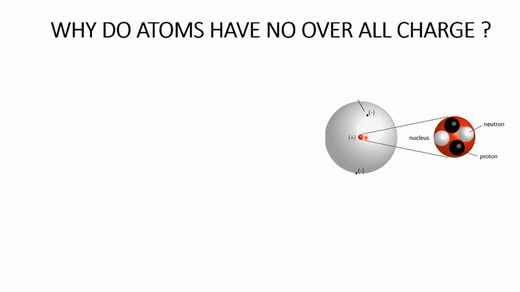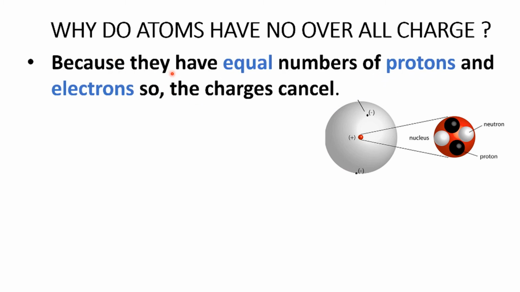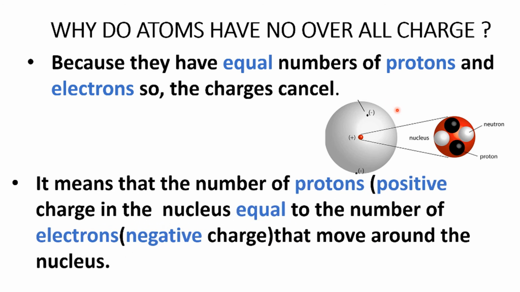The number of protons, the positive charge present in the nucleus, is equal to the number of electrons that move around the nucleus, which have a negative charge. Because they have equal numbers of protons and electrons, the charges cancel.